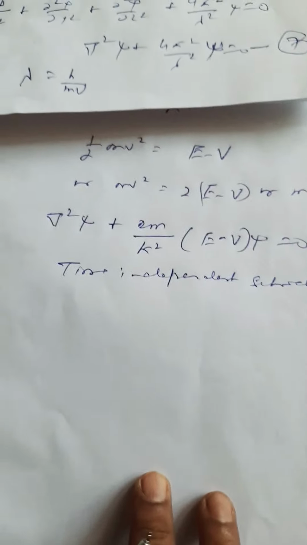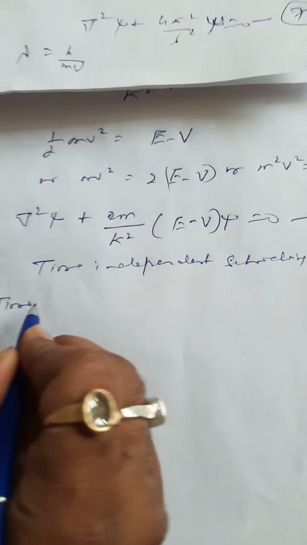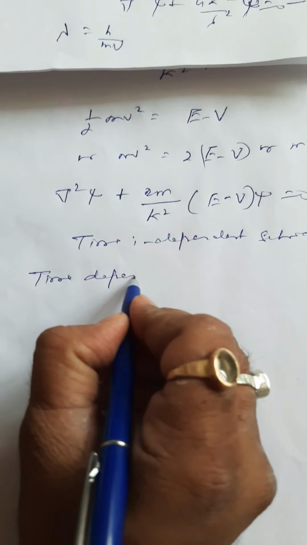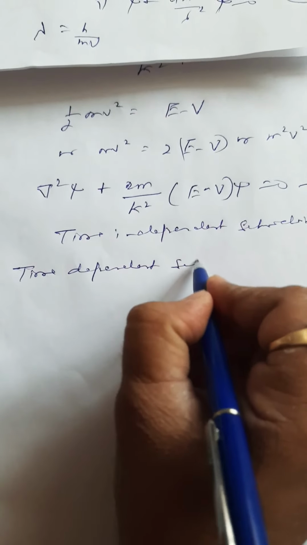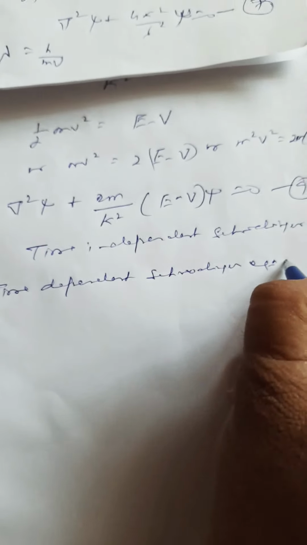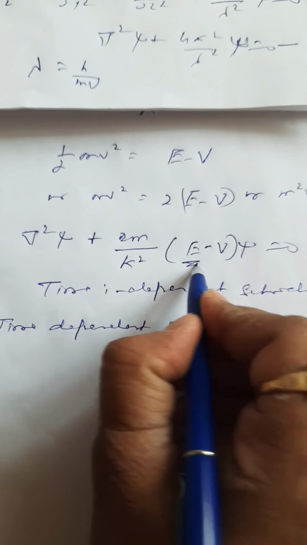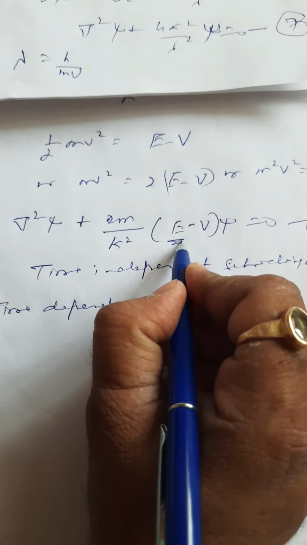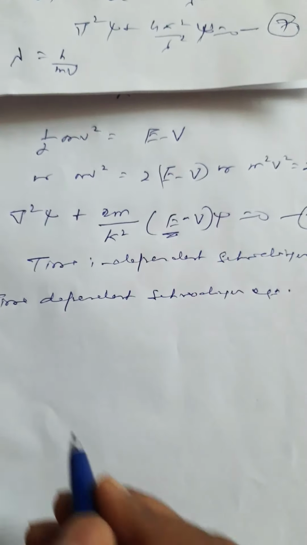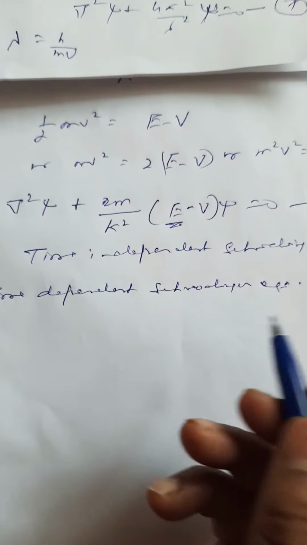Okay, now to obtain the time dependent Schrodinger equation, we eliminate the total energy E from the time independent Schrodinger equation. So what we'll do is differentiate equation number 2.